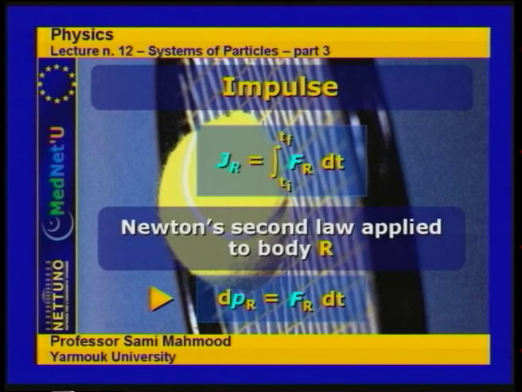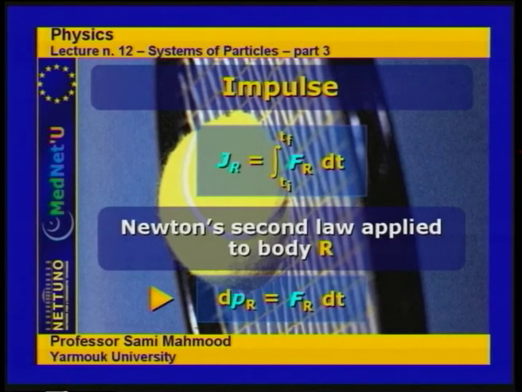So if we assume that these two objects which are interacting form a closed and isolated system where there is no external force acting on the system, the only forces acting on each particle are the internal forces, then in Newton's second law, F would be simply the force of interaction between the two particles, F sub r only, and that is dP by dt is equal to F sub r.